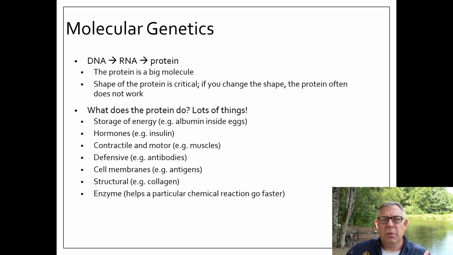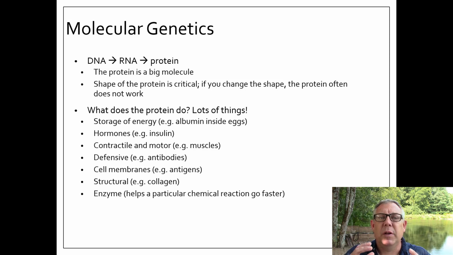And finally, a very, very important function of proteins is that they act as enzymes. And remember that enzymes are catalysts, and catalysts are things that help a reaction go faster, but they themselves are not changed. That is the importance of enzymes: your body is full of enzymes that help the chemical reactions that make you go.